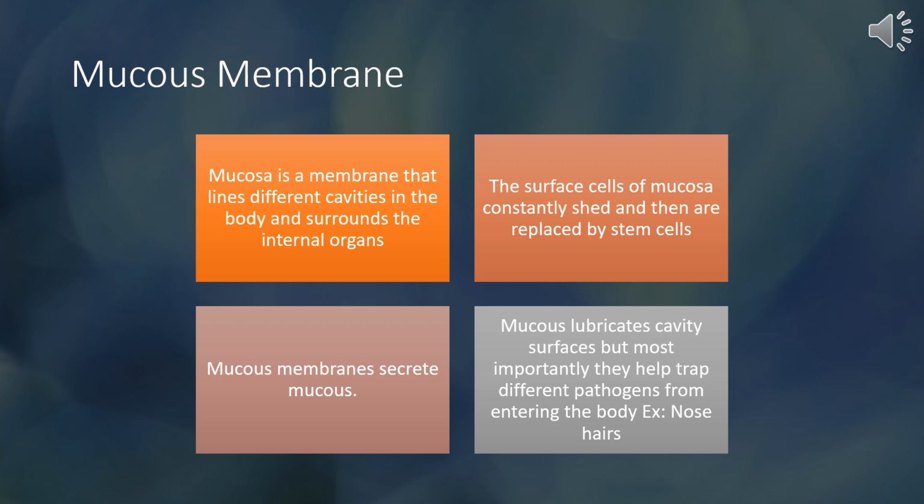The mucous membrane secretes a liquid known as mucus, obviously. The mucus lubricates cavity surfaces, but most importantly, it helps trap different pathogens from entering the body. Examples would be nose hair and cilia in the throat, which create mucus to trap different pathogens such as dirt from entering our bodies.